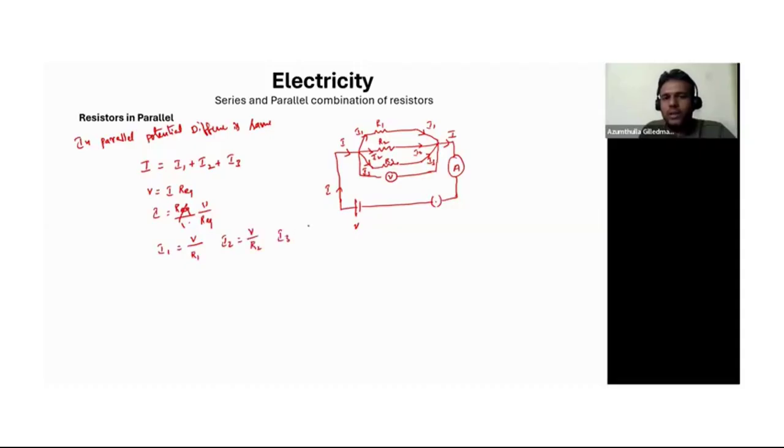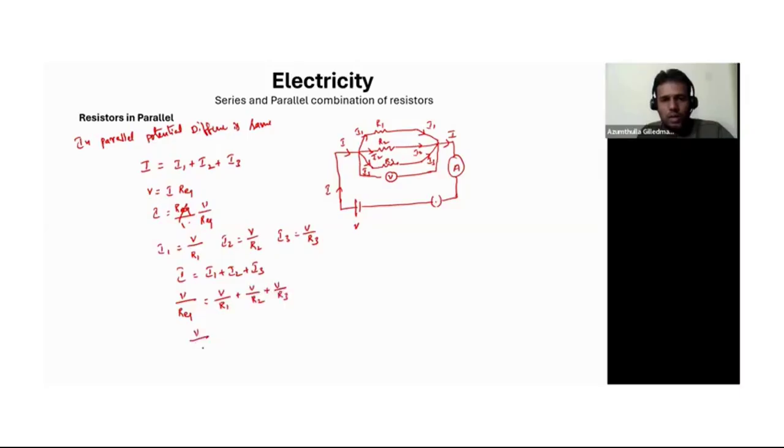Then what is I3? V by R3. Then in this formula, I equal to I1 plus I2 plus I3. What is I? V by R equivalent. I am trying to find the equivalent resistance when the three resistors are connected in parallel. Then I1 is V by R1, I2 is V by R2 plus I3 is V by R3.